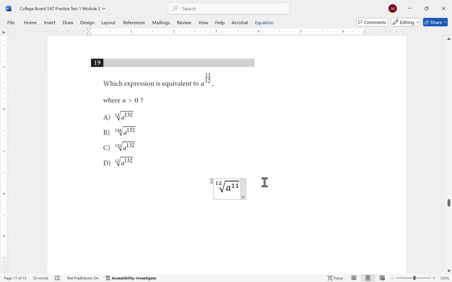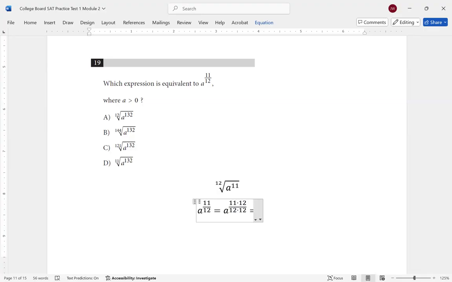So we're going to have to write this different than the 12th root. And so what we need to do is write that fraction 11 over 12 as something else. One way I can rewrite that is multiply times 12 over 12, multiply times 1. So we're going to take A raised to the fraction, and we're going to take 11 times 12 over 12 times 12.